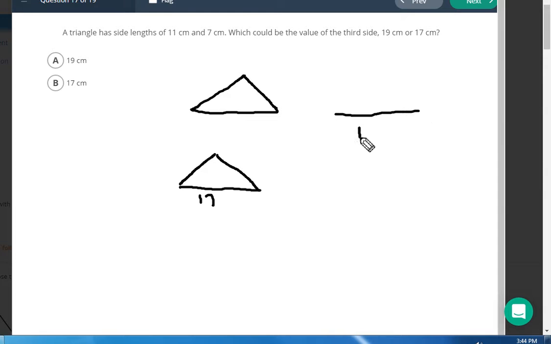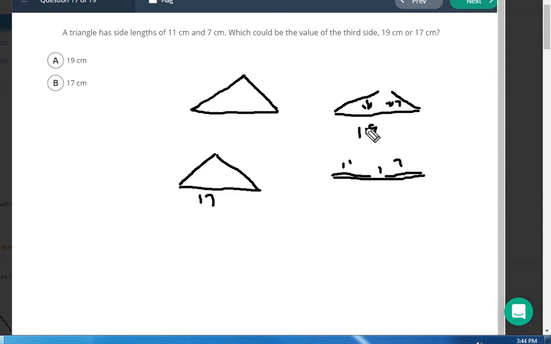But if it was 19, let's say our bottom was 19, we would have our 11, and it would just fall flat. And then we would have our 7, and it would just fall flat. And then basically what you would have is the line laying here, the line laying here, you would have 11, and you would have 7, which add up to 18, so this gap in between would be 1.